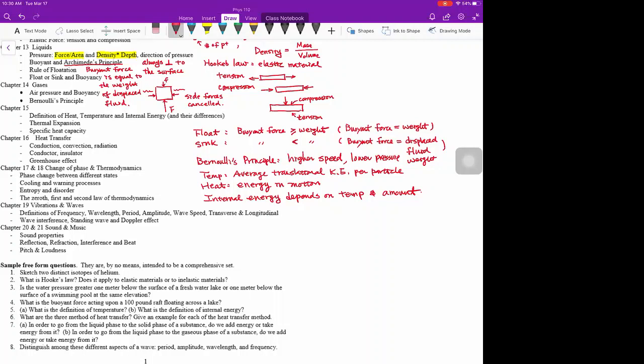The result is that it takes away some of the energy from the outside. So thermal expansion is a cooling process. That's the thermal expansion.